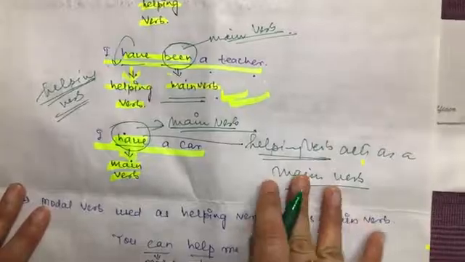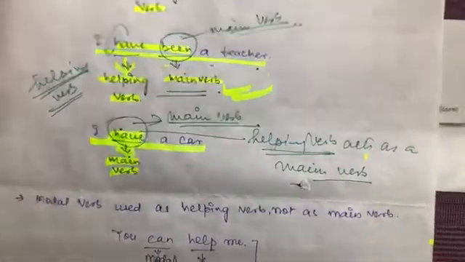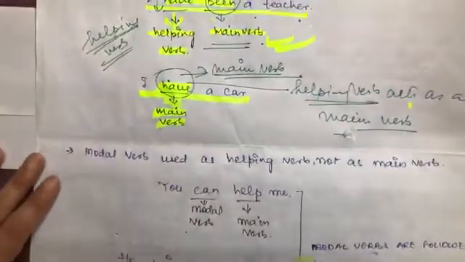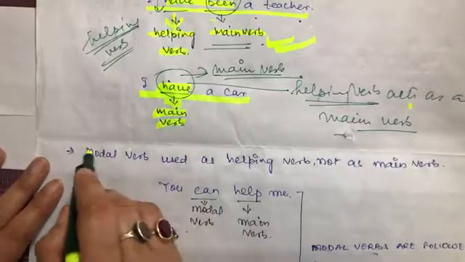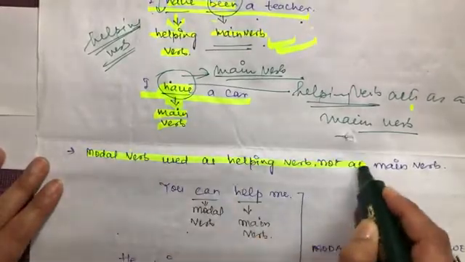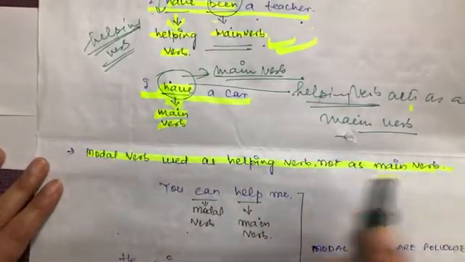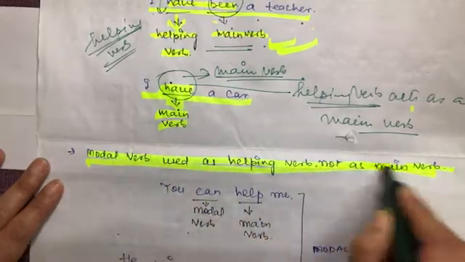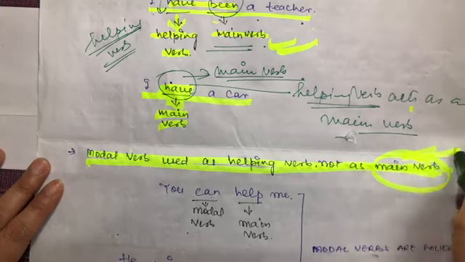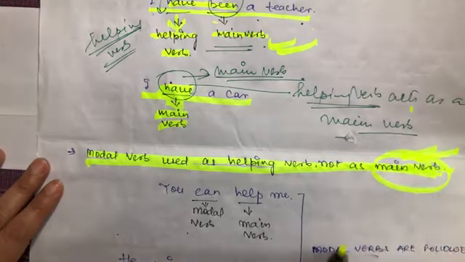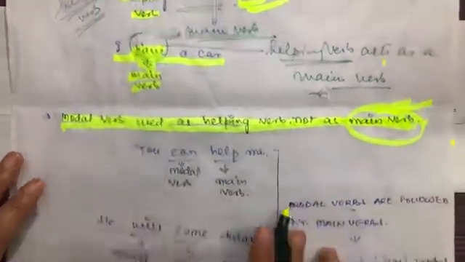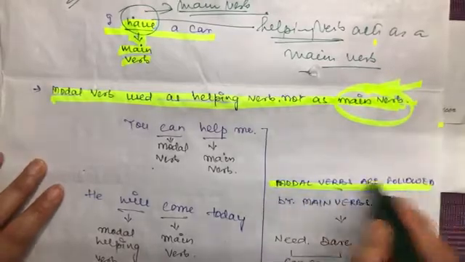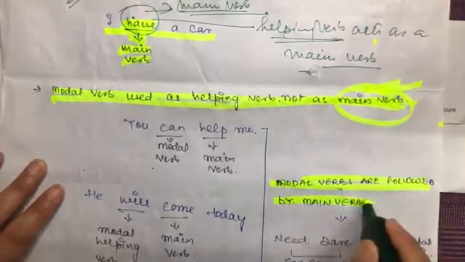Clear? Okay, now let's take another important note. Modal verbs are used as helping verbs, not as main verbs. Children, modal verbs can never be taken up as a main verb. They can never perform the function of a main verb because modal verbs are followed by main verbs.